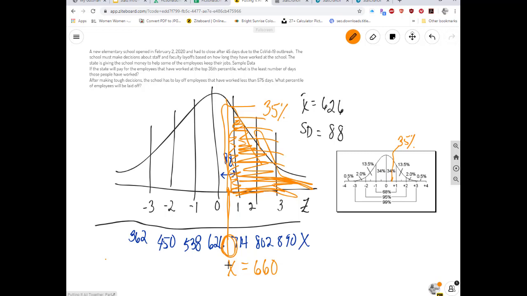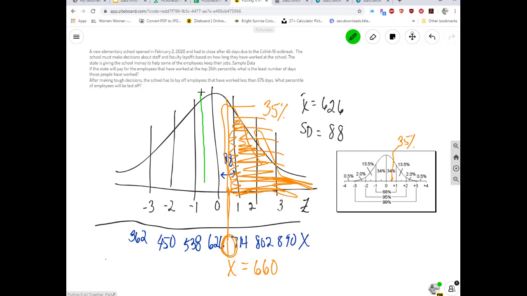Well, the state will pay for them to keep their job. Now, that accounts for these people right here. The school still has to make some decisions. They can't keep everybody. So they've decided that they can keep people that have worked more than 575 days. So I'm going to go ahead and put this. But if you've worked less than 575 days, then unfortunately you won't be able to stay on.